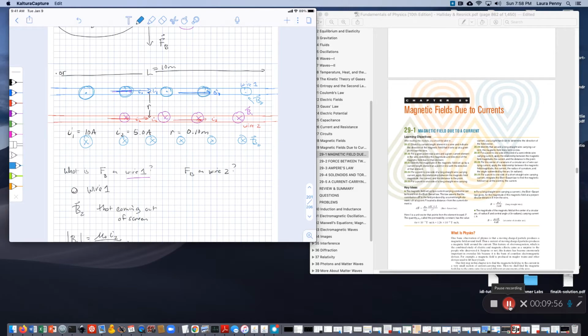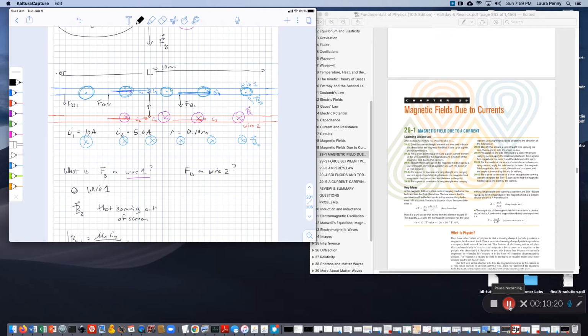And so when I do right hand rule number 1, if I say my fingers in the direction of the current, and then curl my fingers in the direction of the magnetic field, I'm going to get that this magnetic force is down. F sub B1 is down.